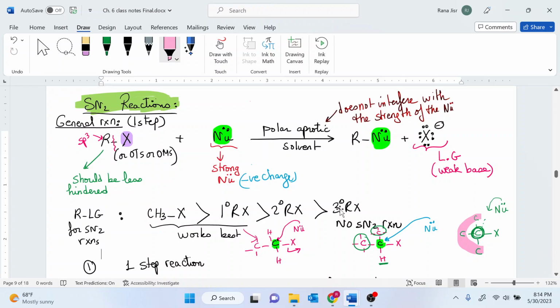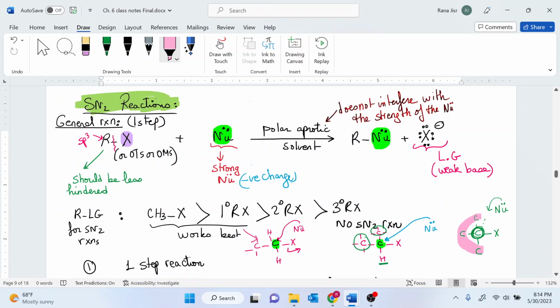So this is why tertiary alkyl halides have no reaction with SN2. That is for the type of the alkyl halide. So SN2 reactions always work with less hindered alkyl halides. It can work with secondary, it's a slow reaction, but cannot work with tertiary.